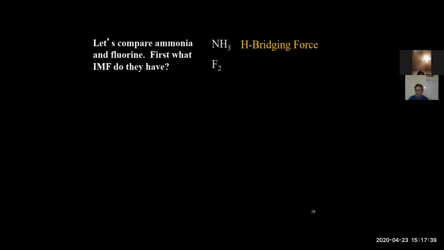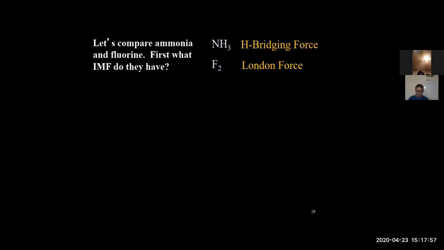Fluorine being nonpolar, the only force it's involved with is London forces. Now, then refresh your memory on the previous slides. London forces are the weakest, and hydrogen bridging of the three is the strongest.